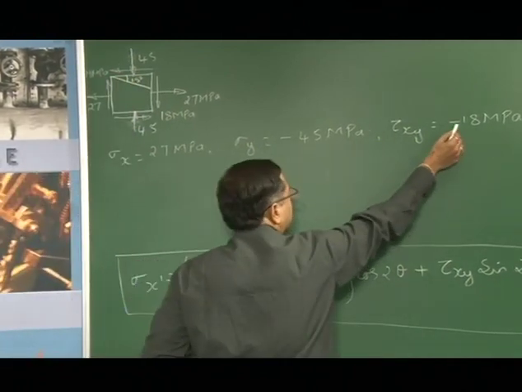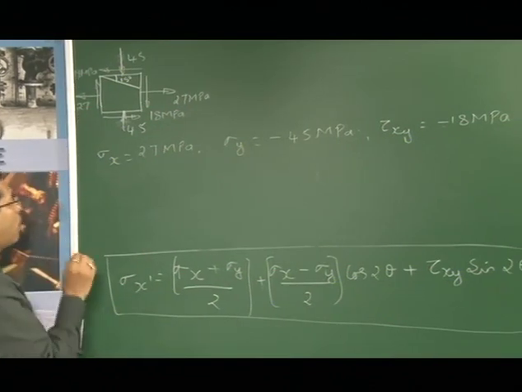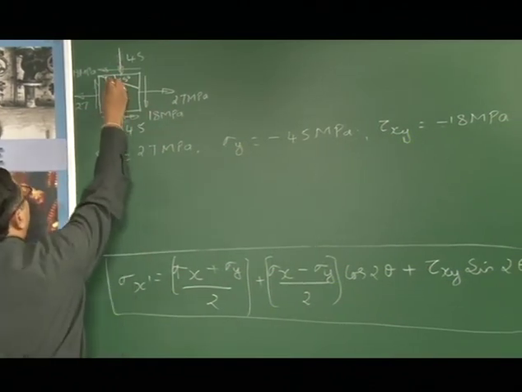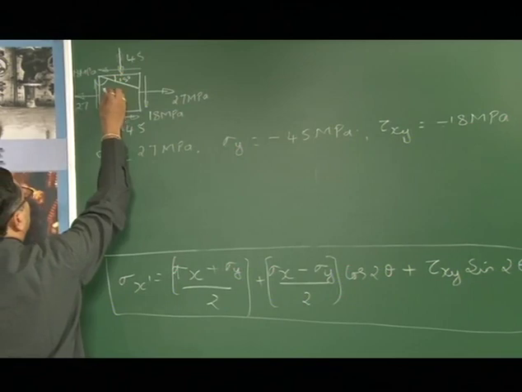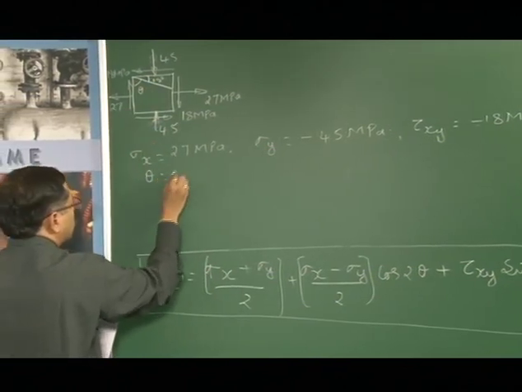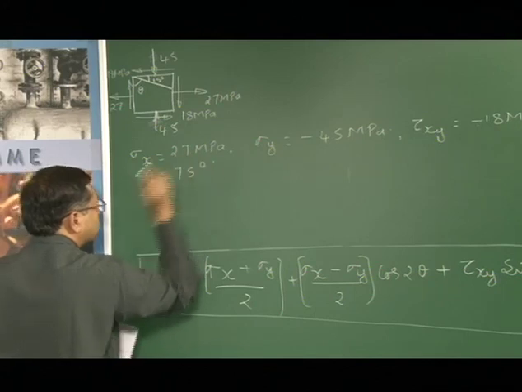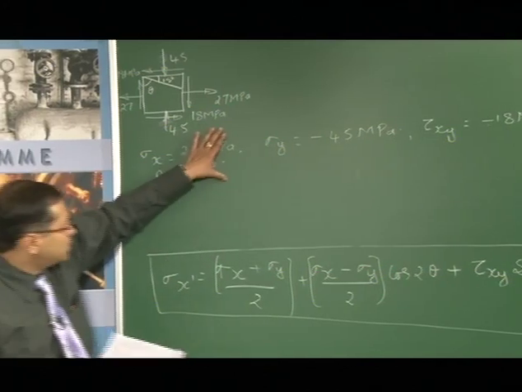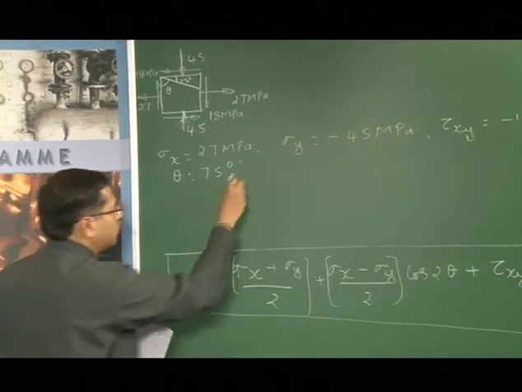So, I have taken the sense as negative. Very important, what we did when we derived was we took this angle as theta. Now, here theta is equal to 75 degrees. Now, substituting these values here, let us see what we get.